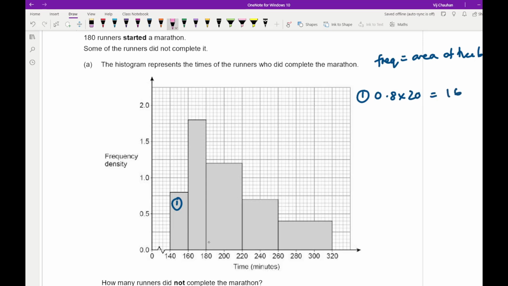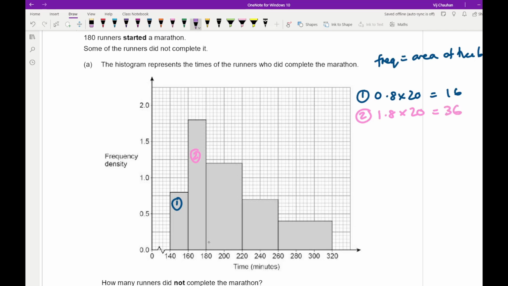Then for number 2, the height is 1.8, and again multiply that by the width, which is 20, giving an answer of 36.